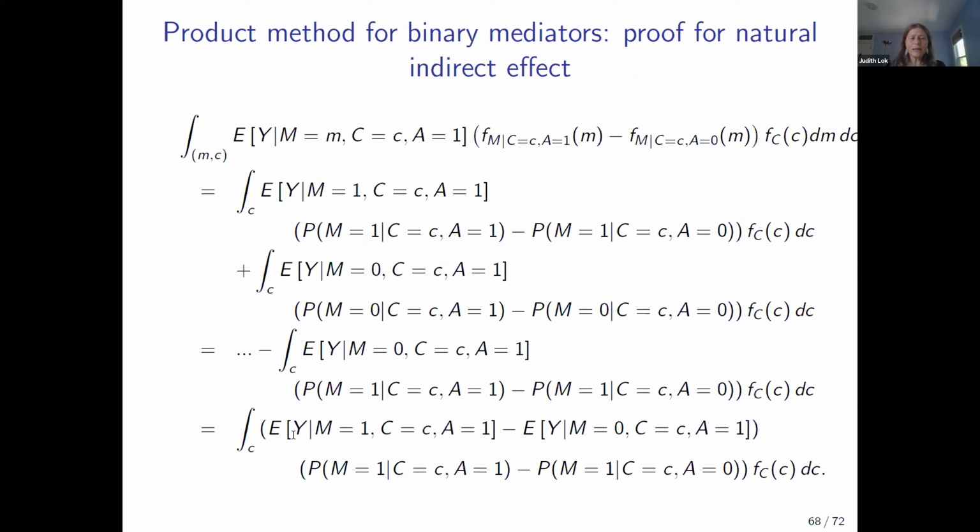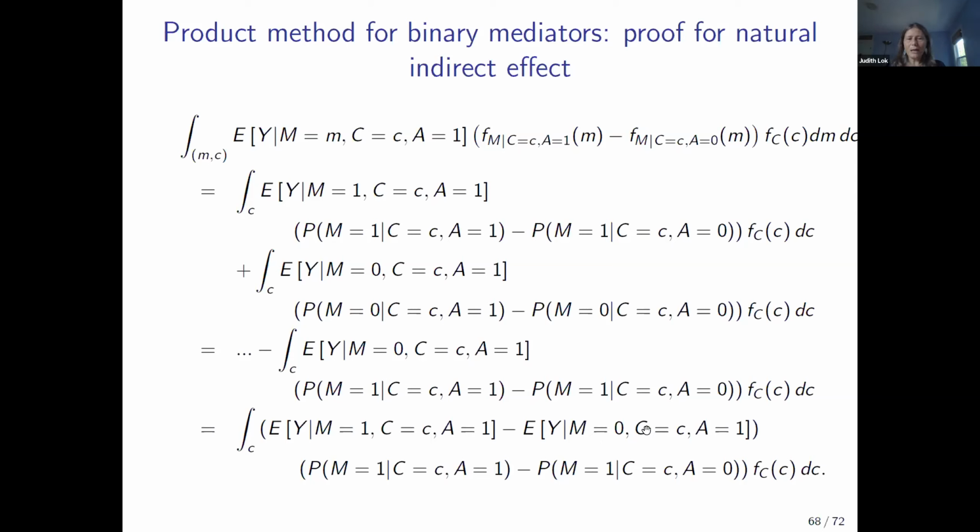But we look at the expected difference between outcomes of changing from M equal to 0 to M equal to 1, but now under treatment. So the funny part here is that we don't need outcome data under A equal to 0 in order to estimate the indirect effect through this mediator. And that in fact is the case for natural indirect effects, the way they're usually defined in general: you don't need outcome data under no treatment in order to estimate these natural indirect effects.